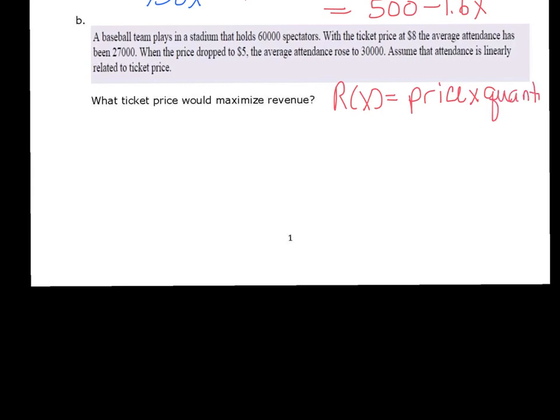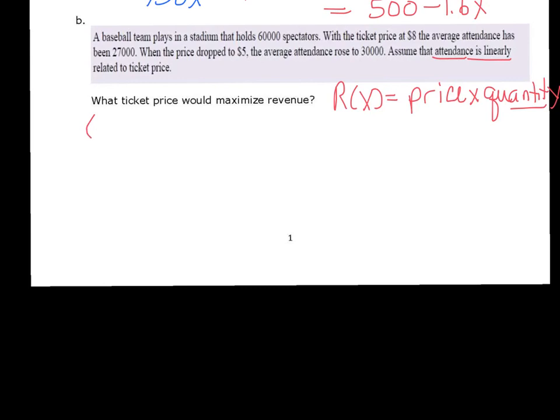I'm just going to say quantity. And the attendance would be the same as quantity sold, right? So that is a linear function. It's really linearly related to price. So let's see if we can figure that out.